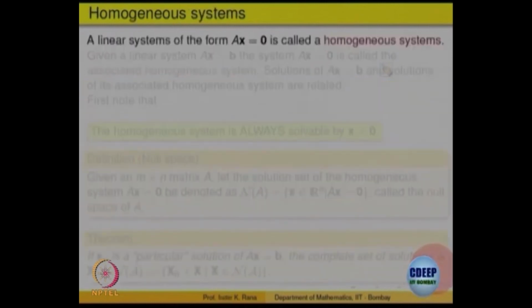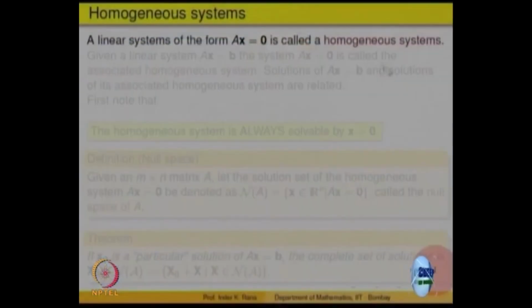So, let us look at the previous one. It said that the system Ax is equal to 0 seems to be an important case to consider. So, such a system is called a homogeneous system. It is a system of linear equations where the right hand side vector b is 0, that is called a homogeneous system, right.